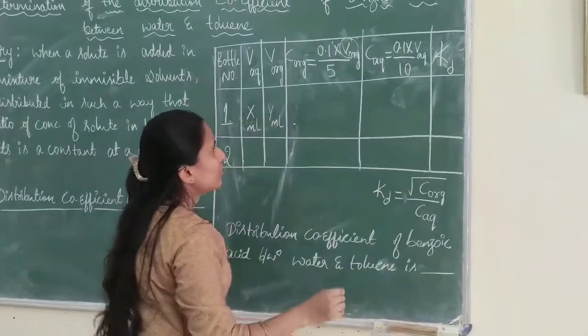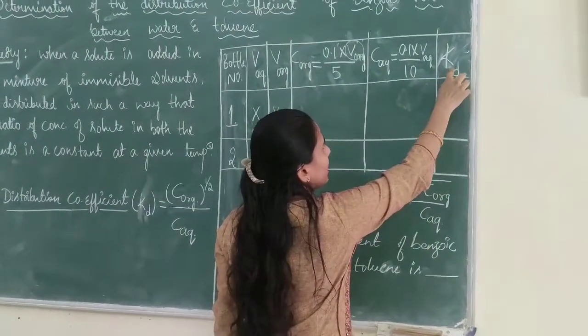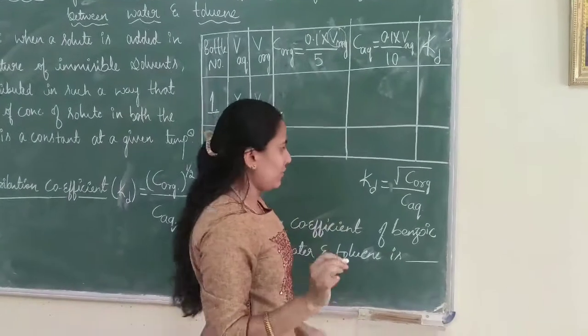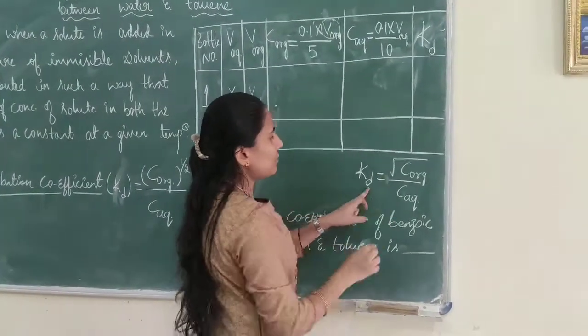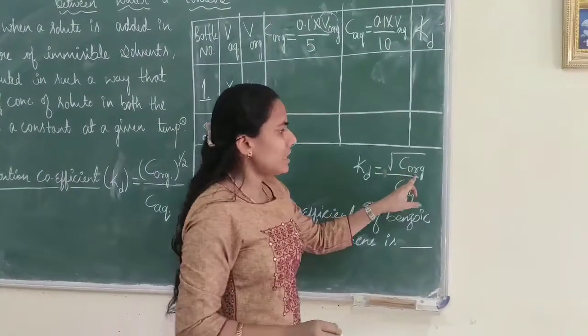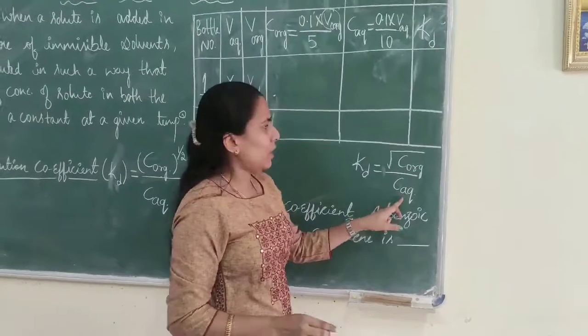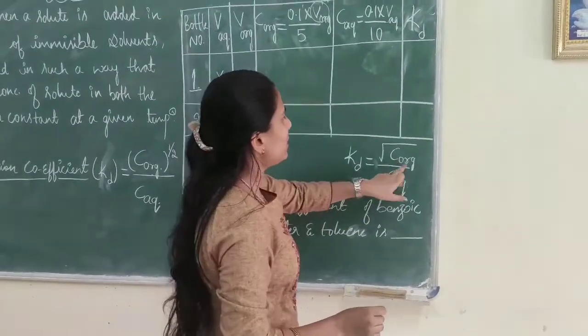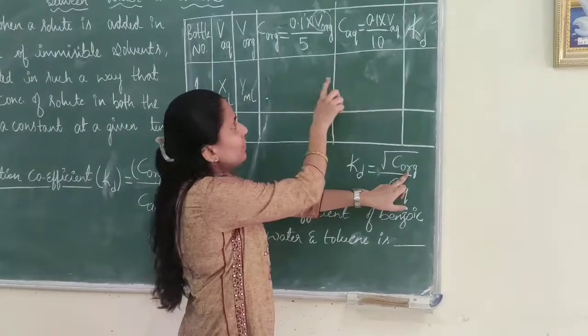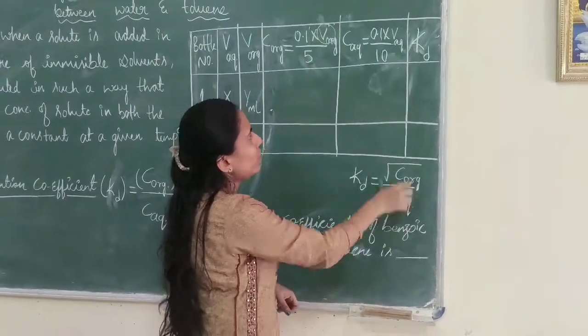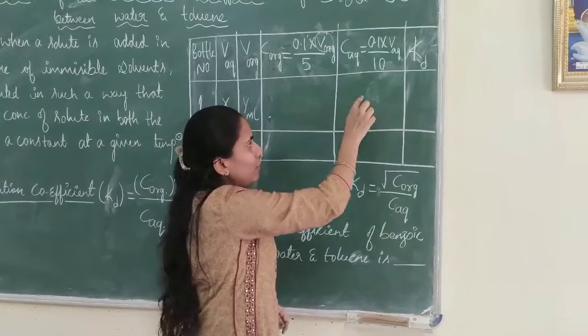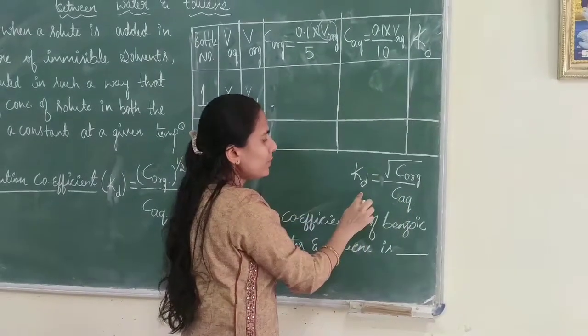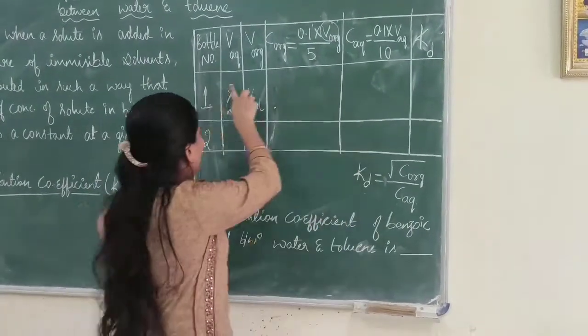Then we have to find out the KD, which is the distribution coefficient. The formula to find KD is the square root of C organic divided by C aqueous. C organic is obtained from here and C aqueous is obtained from here. Putting these two values here, we find the KD for bottle number 1.